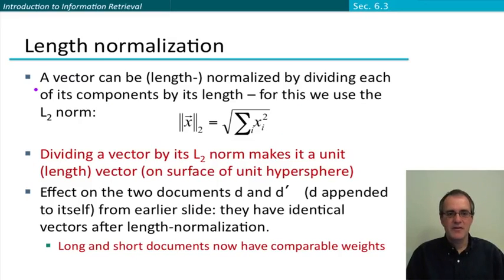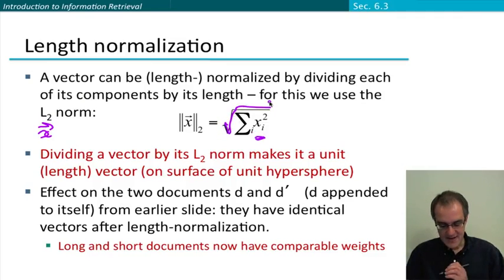So the starting point is getting an idea of the length of a vector and how to normalize the length of a vector. For any vector x, we can work out the length by summing up each of its components squared and then taking the square root around the outside.